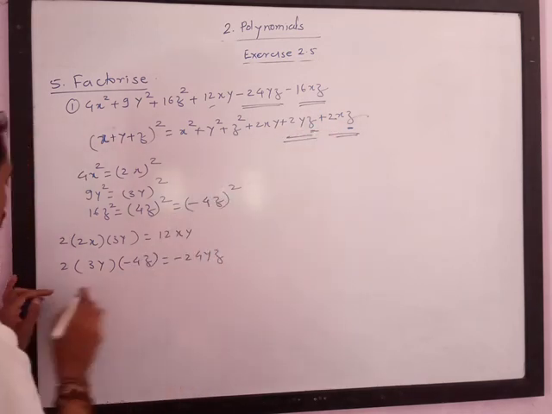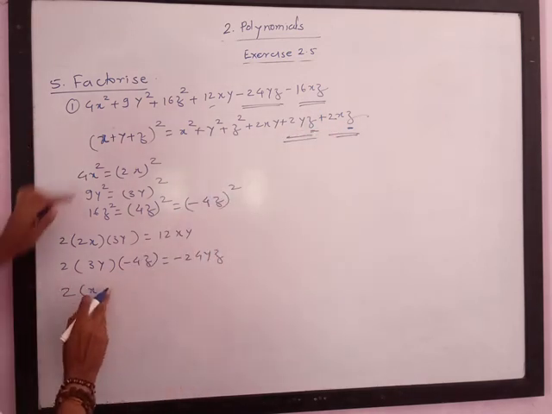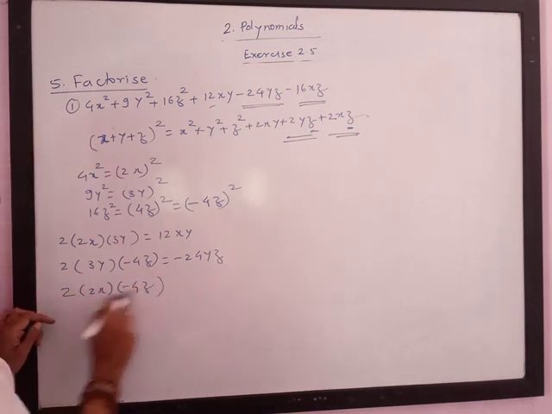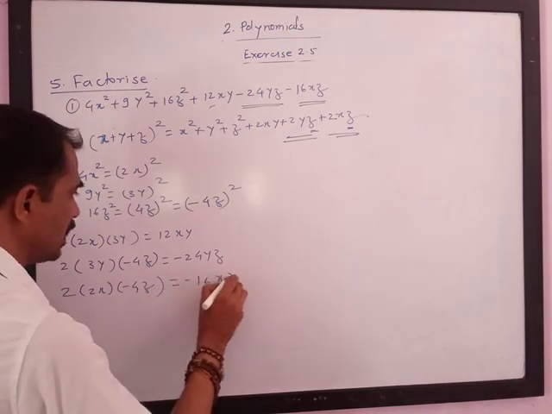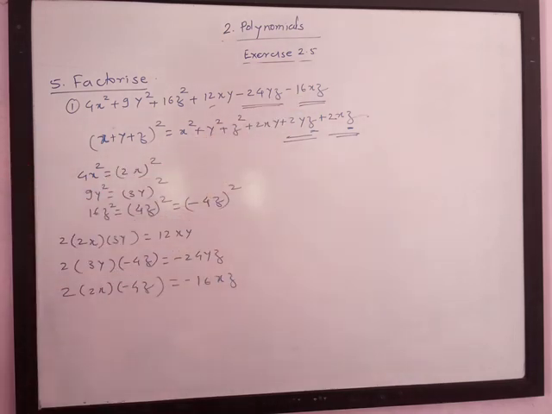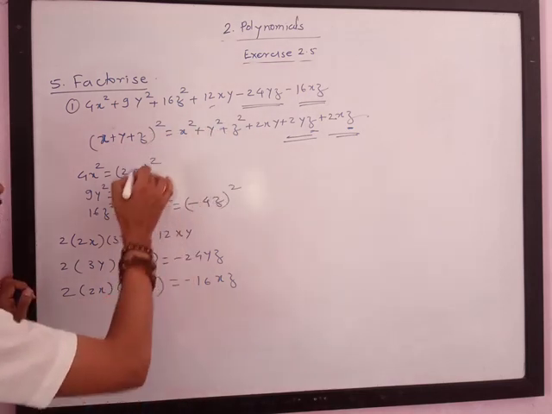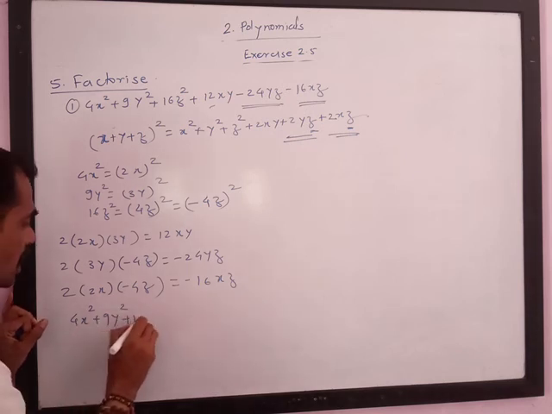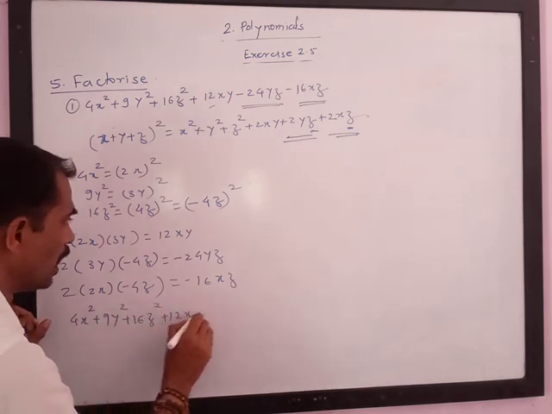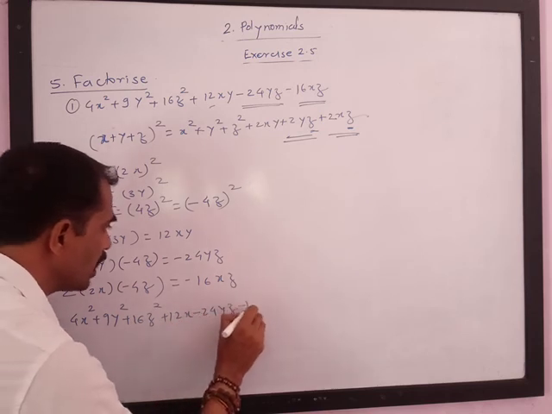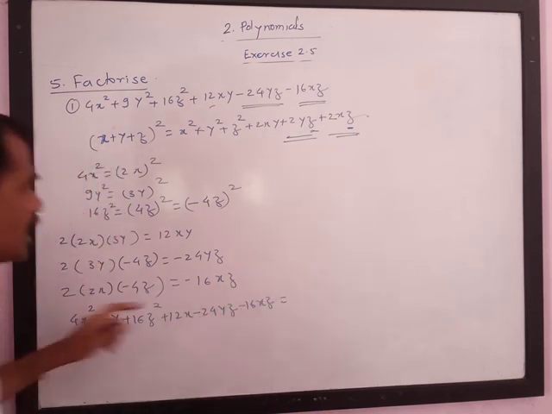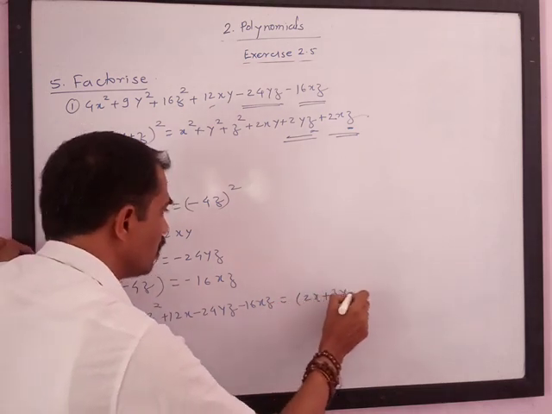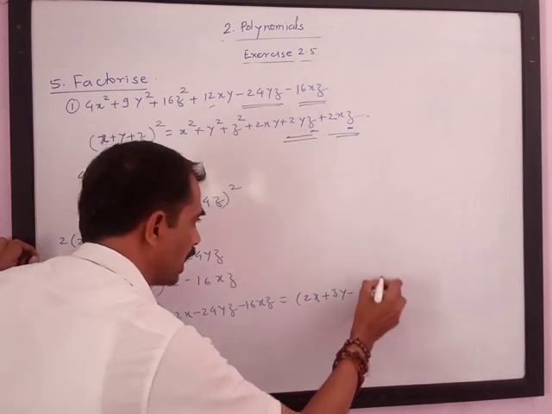And last is 2 multiplied by 2x into negative 4z, that is equal to negative 16xz. So we have got the last term as well. This is nothing but an expansion of 4x square plus 9y square plus 16z square plus 12xy minus 24yz minus 16xz, which is the expansion of (2x plus 3y minus 4z) bracket square.